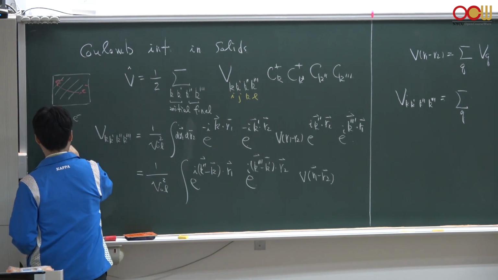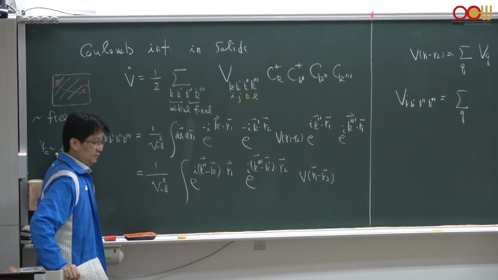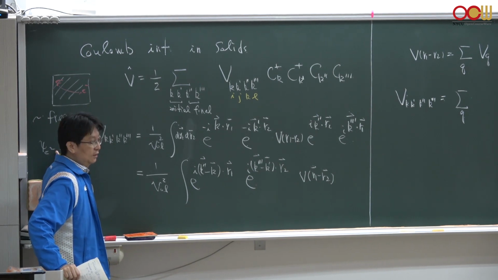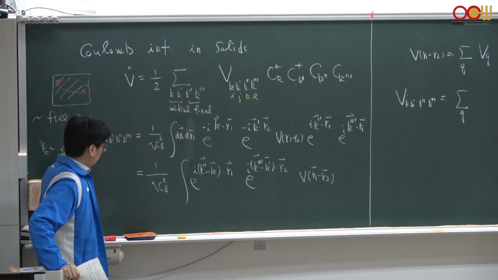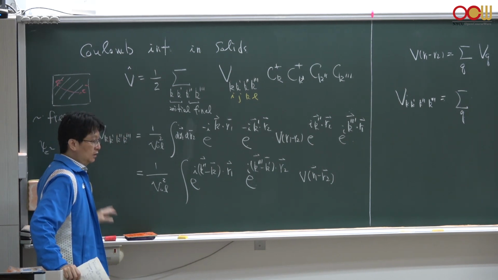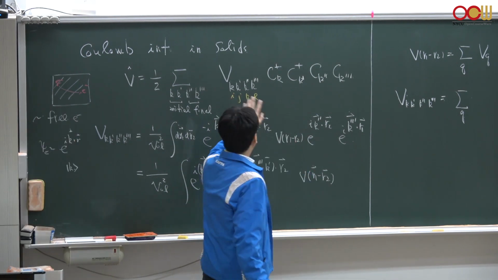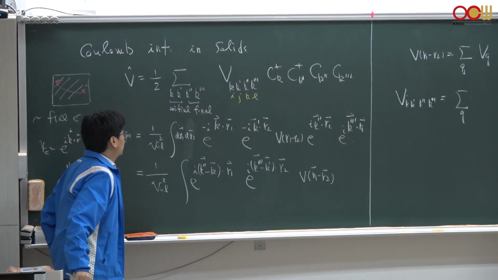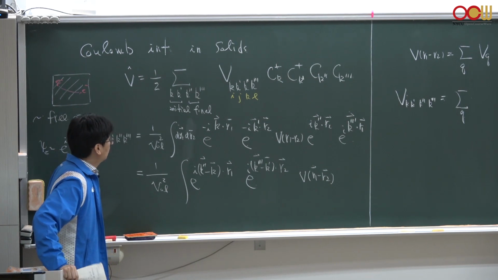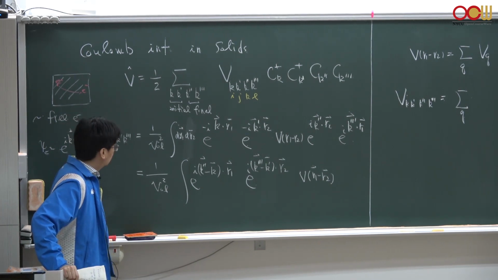So such is the eigenbasis for free electron plane waves. Okay, so we could expand this operator in terms of such momentum eigenstates. And then we can label them as K, K prime, K double prime, K triple prime. And in general, those four momenta could be different.